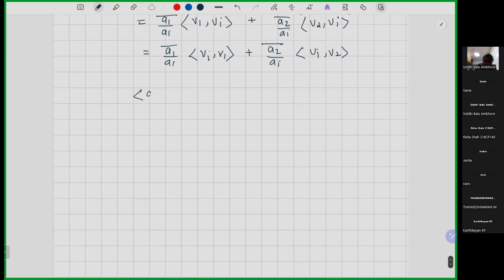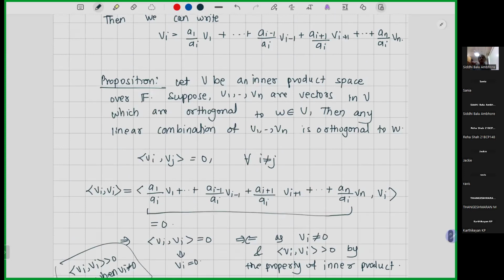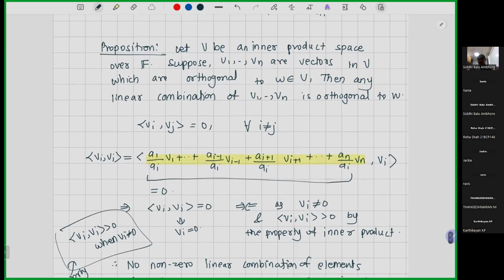So what they are saying is that V comma W1 plus W2 is V comma W1 plus V comma W2, but V comma cW is c conjugate times V comma W. Since here we have Vi comma this addition, the scalars will be the conjugates of whatever we have here.